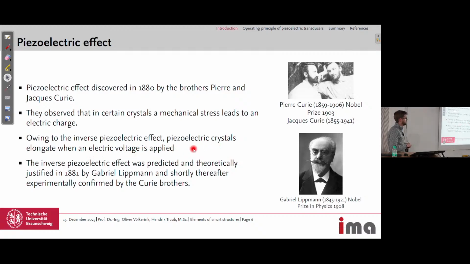So this is the effect we use when we use them as actuators. This inverse effect was predicted and theoretically described in 1881, so one year later, by Gabriel Lippmann, and was also shortly thereafter confirmed experimentally by the Curie brothers.